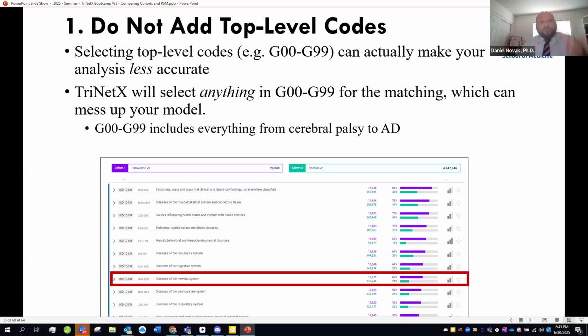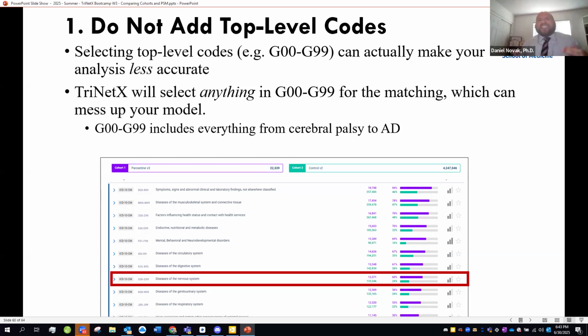And as you'll find when you're working with this platform and you see how ICD-10 codes are structured, G00 to G99, if you selected that whole thing, TriNetX might grab one person who has cerebral palsy and another person who has, I don't know what, epilepsy, and another person who has Parkinson's disease. And that's really not getting you where you want to go.